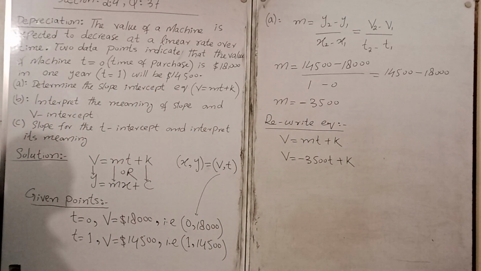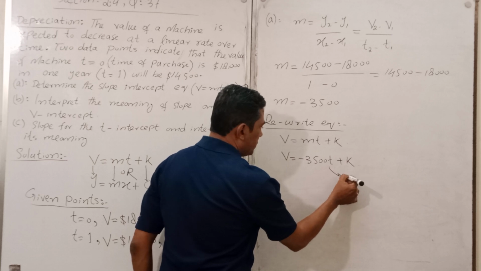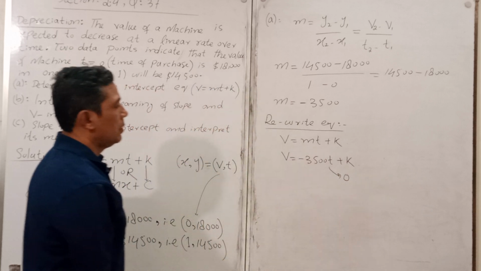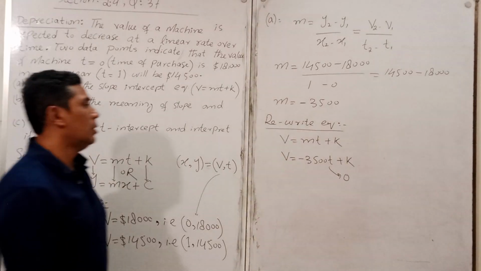When t was 0, why am I substituting t equal to 0 here? To find out the value of k, or the V intercept.